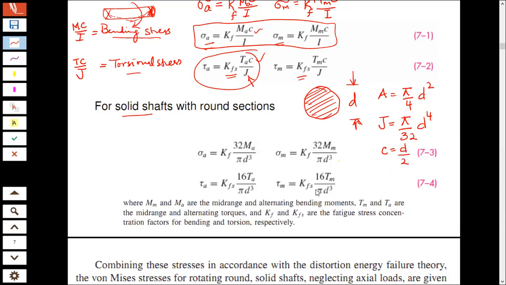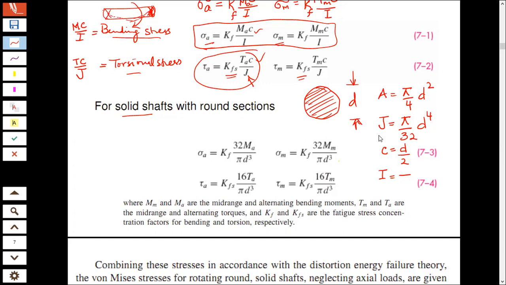If the diameter of the shaft is d, then our c is going to be d by 2, because we are talking about the maximum stresses in the shaft. So c will become d by 2. Now, similarly, we can have I for the circular shaft.